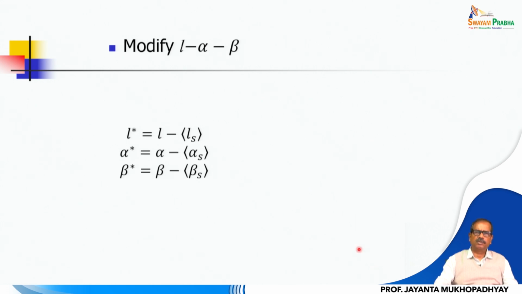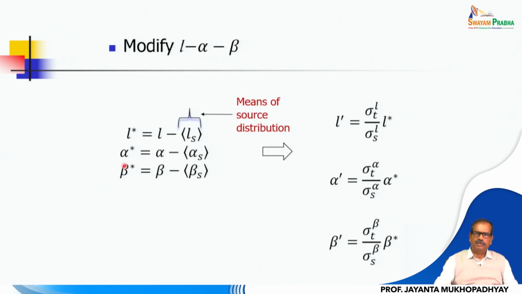From the source image, we compute the mean, and we shift the values around that mean. For the processing, we will be scaling these values. We take the standard deviation of the target image and the standard deviation of the source image for all these L alpha beta components, and their proportion will be the scale factor.